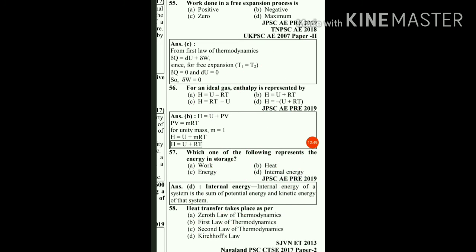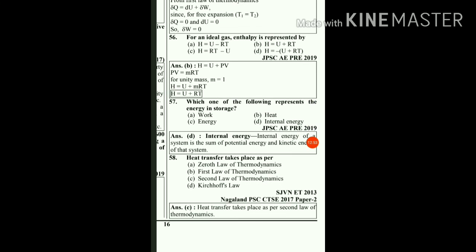So here we can write H is equal to U plus, it is given, RT. So in option B you can say that is H plus RT. Here we just have to use the ideal gas equation, PV is equal to mRT. So instead of PV there will be RT. So the final answer will be option B.